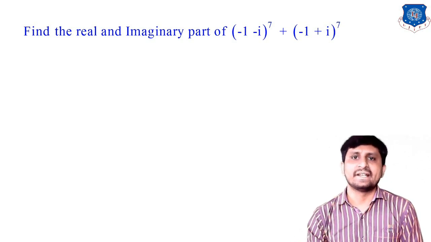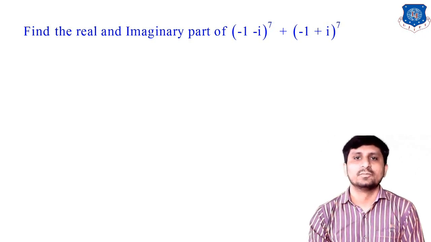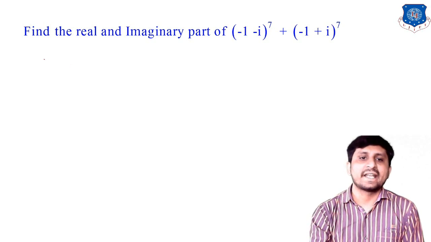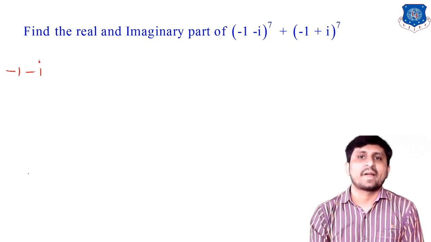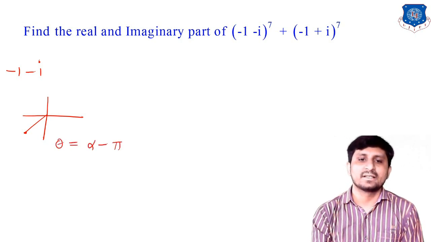First of all, I want to write both complex numbers, minus 1 minus i and minus 1 plus i, in polar form. For that we need r and theta. First I write minus 1 minus i. Minus 1 minus i is in which quadrant? It is in the third quadrant, since x and y are both negative. For the third quadrant, theta is equal to alpha minus pi.